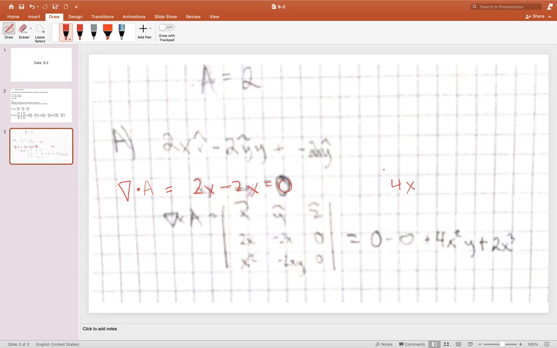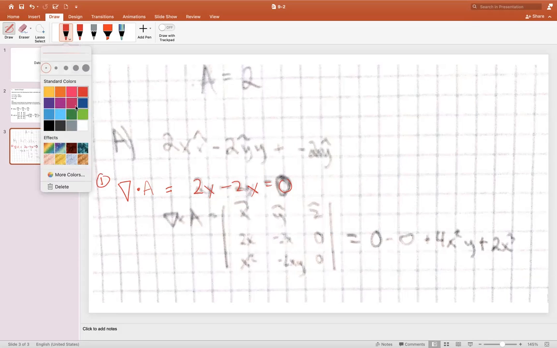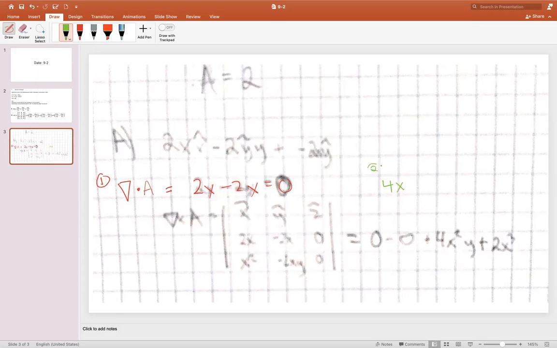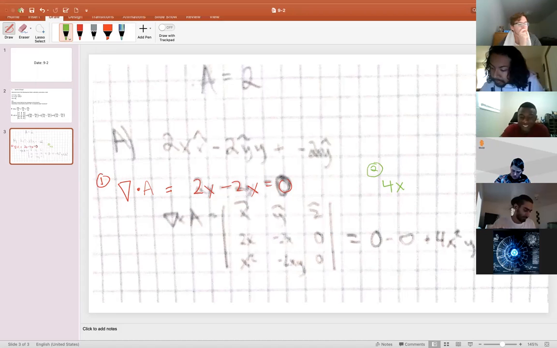Okay. So we got answer 1. Did anyone else get an answer? I also got 0 for that one. Okay. So we got a couple people with answer 1, one with answer 2. Did anyone else get something different?